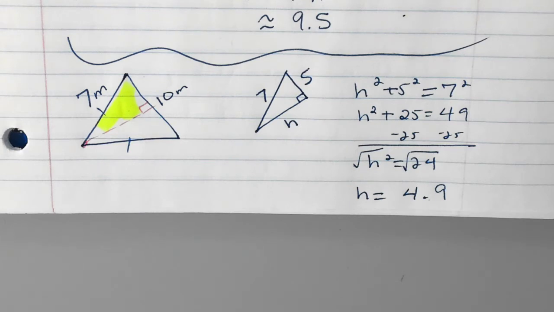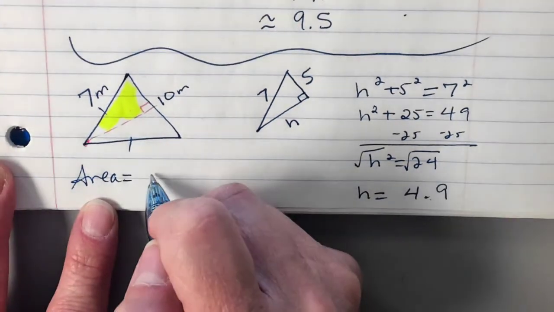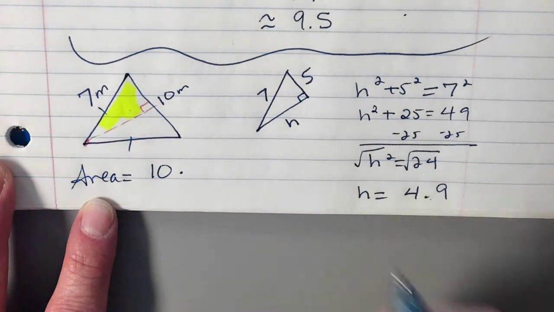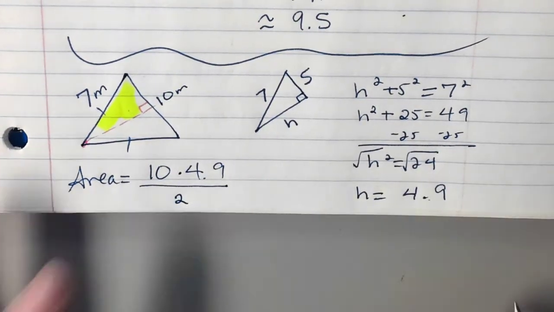Do you have any questions on that so far? Because that's not our answer. That's our height. For our area, we need to do our base of 10 times our height of 4.9 divided by 2.